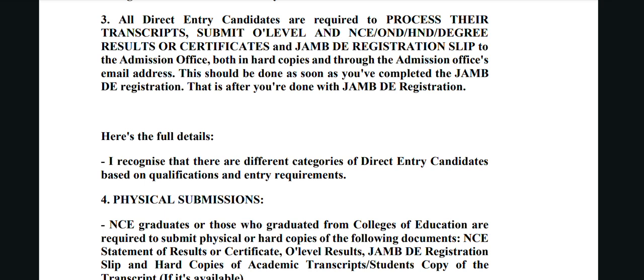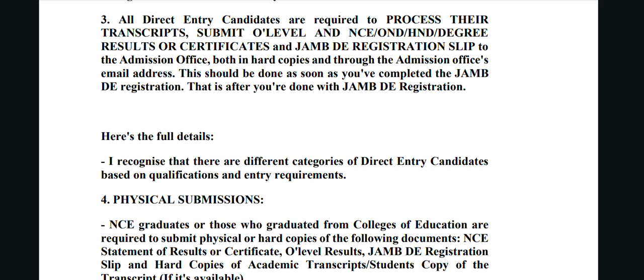I'm very aware that we have different categories of direct entry candidates who possess different qualifications. So it's because of that that I'm going to give step by step instructions for each of these candidates, so that everyone will know what they have to do depending on the type of qualification they are using to apply for admission, or let's say depending on the institution they graduated from.